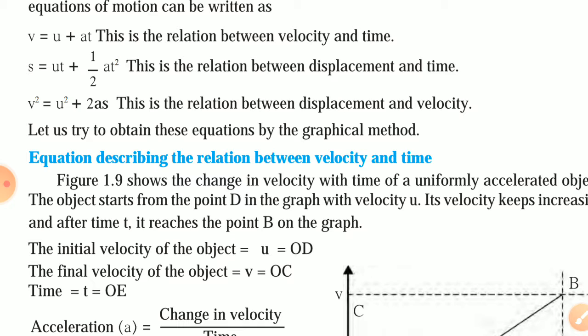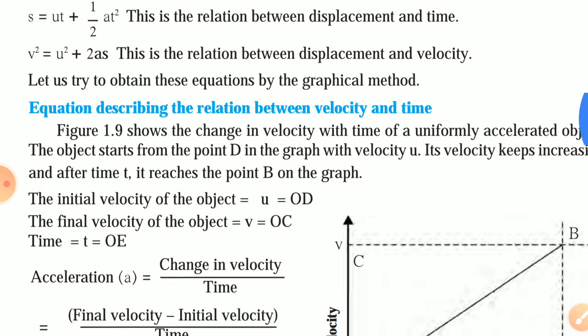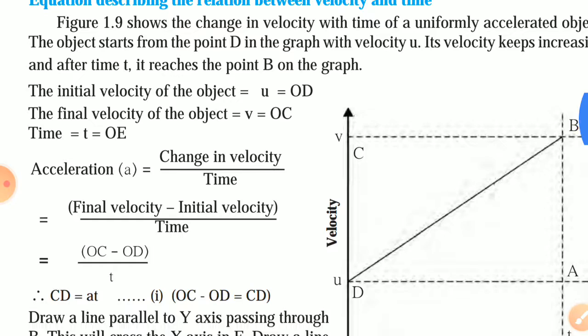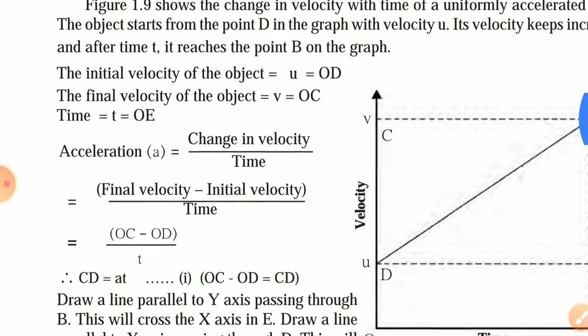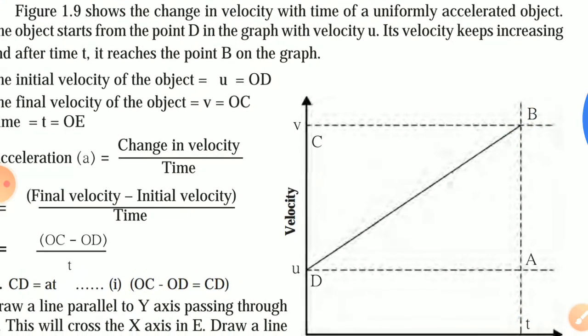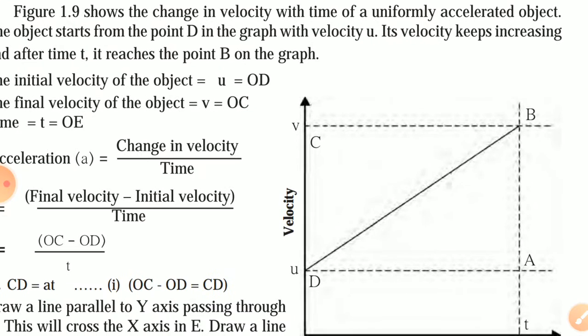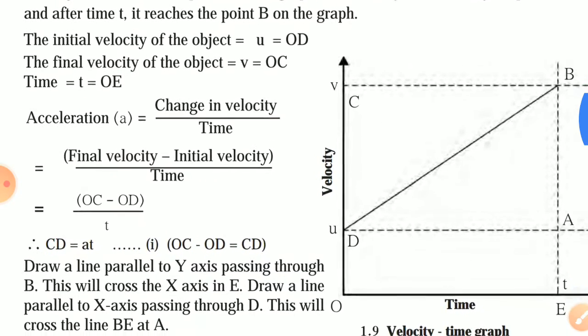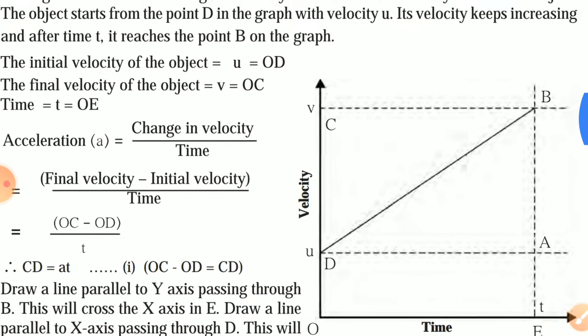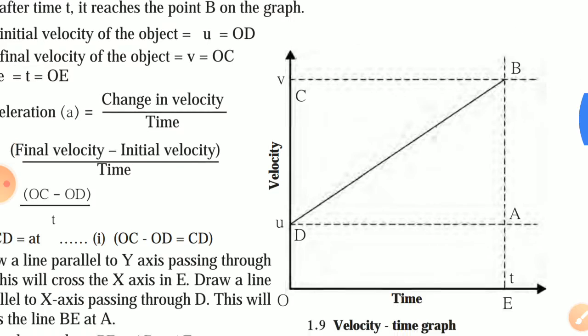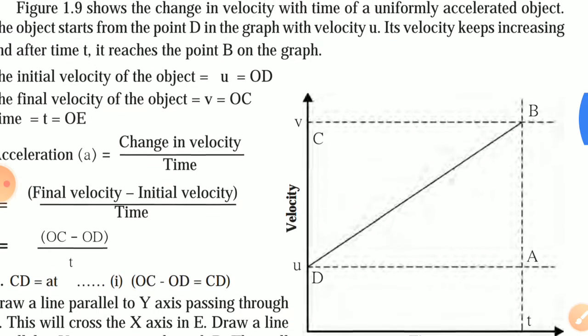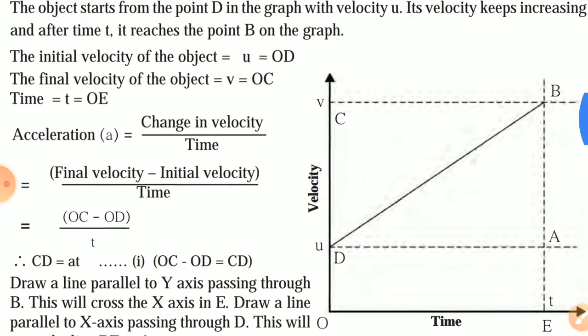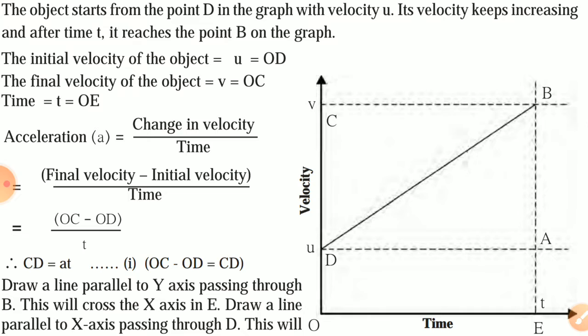The first relation is between velocity and time, by using a graph. Figure 1.9 shows the changes in velocity with time of a uniformly accelerated object. The object starts moving from the point D with initial velocity u, and it keeps increasing and reaches the point B at time t.